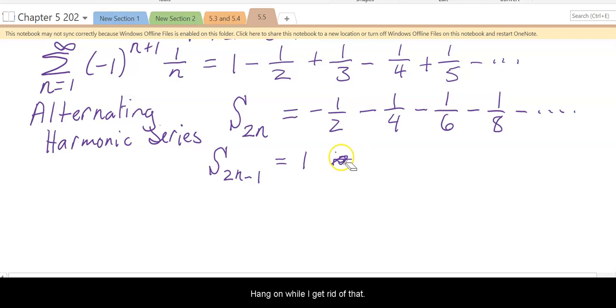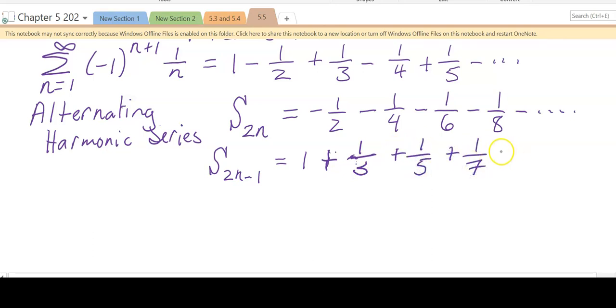Oops, hang on while I get rid of that. Looks like my stylus is going wonky again. 1/3, and then plus 1/5, plus 1/7, and so on.